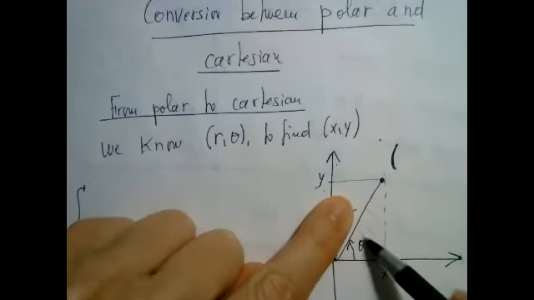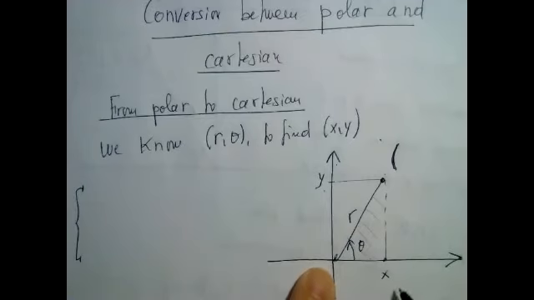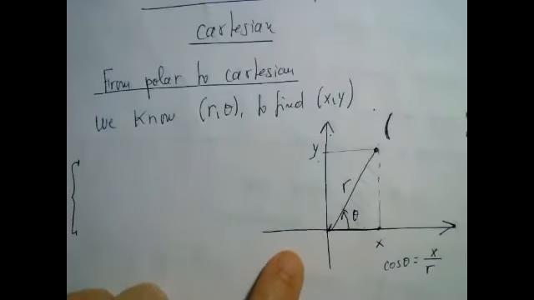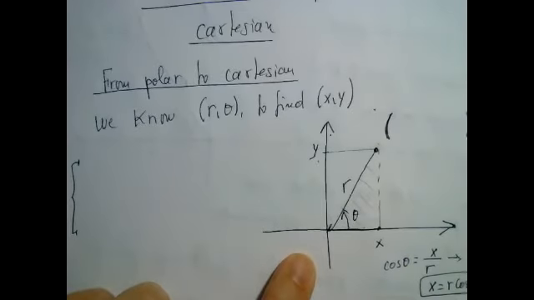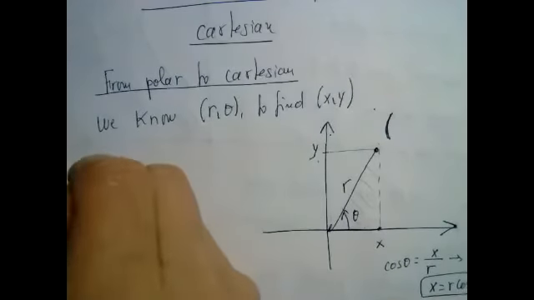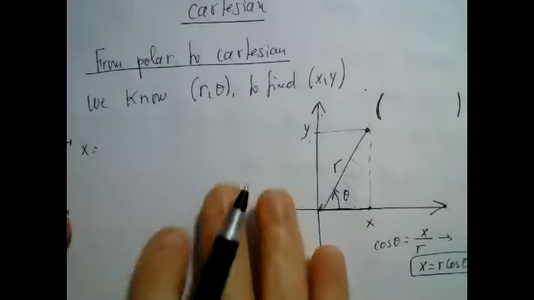If I look at this triangle right here, the cosine of theta is adjacent over r. So this is going to give me that x is r cosine theta.